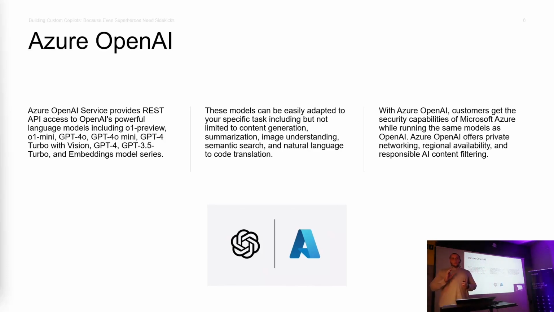But maybe the most important thing about Azure OpenAI is that customers get the security capabilities of Microsoft Azure as the cloud platform, which means that it offers you private networking, regional availability, responsible AI content filtering, and many others, which we will take a look at a little bit later.